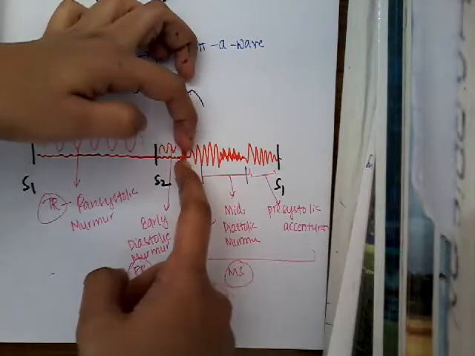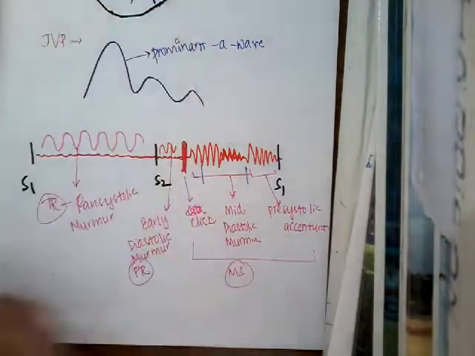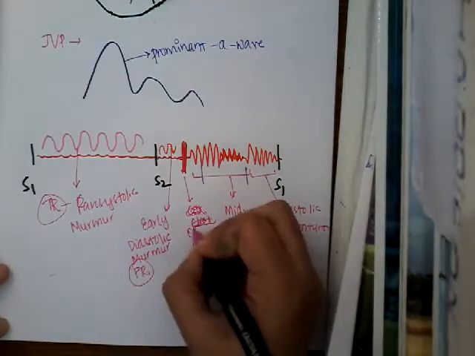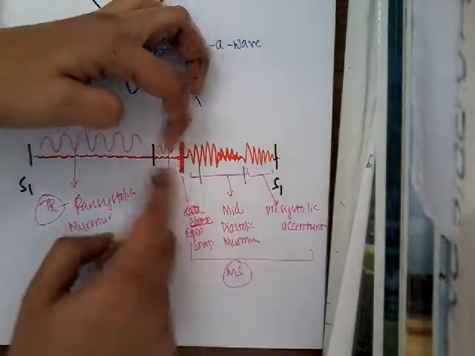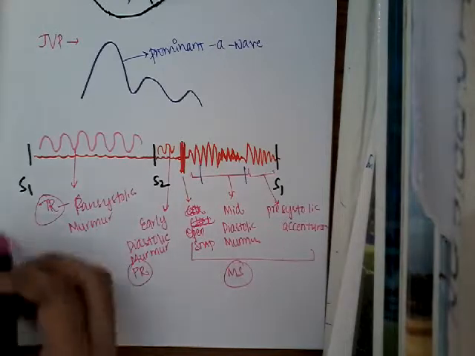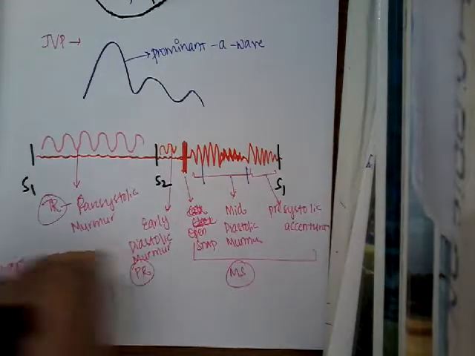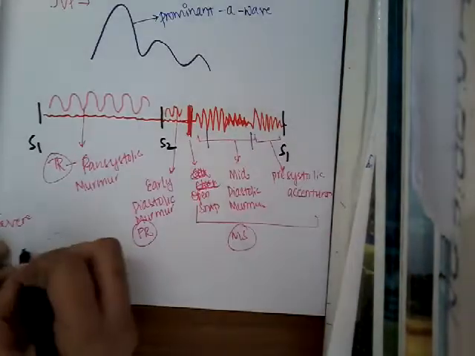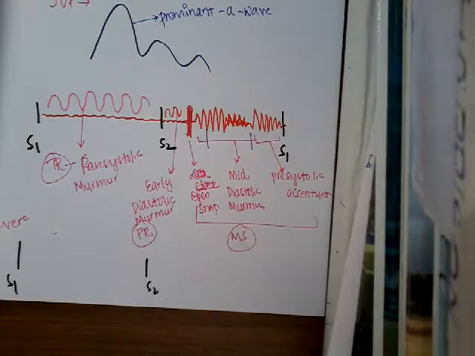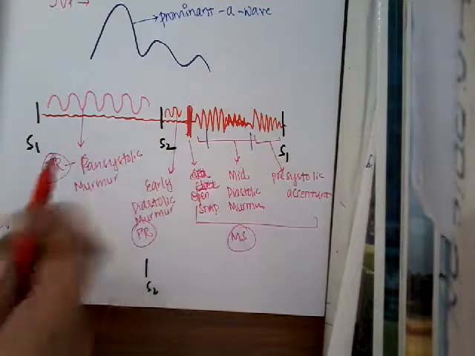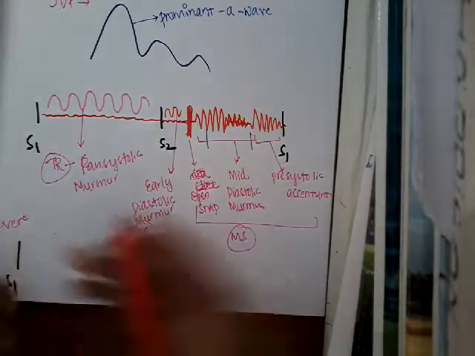As the severity of the disease advances, the opening snap, it's not click, I'm sorry, it's an opening snap, will move towards the S2. In very severe cases, you will not see the click at all, because the click will occur simultaneously along with S2.